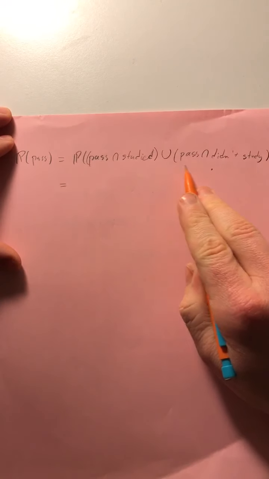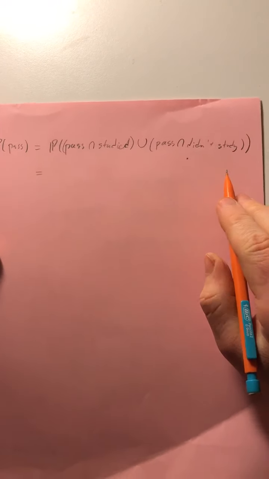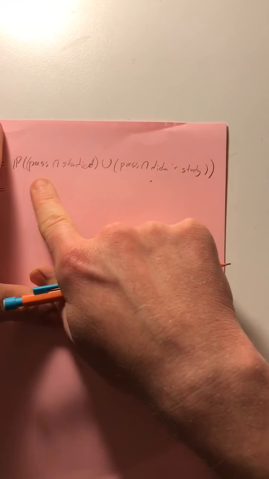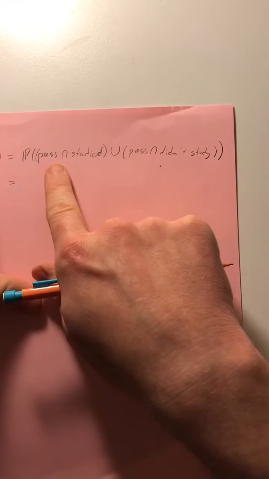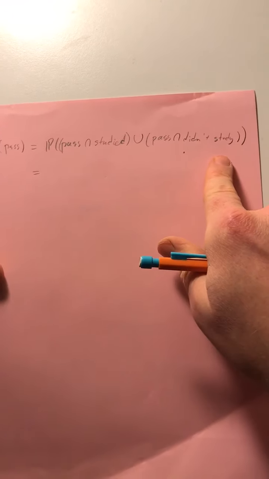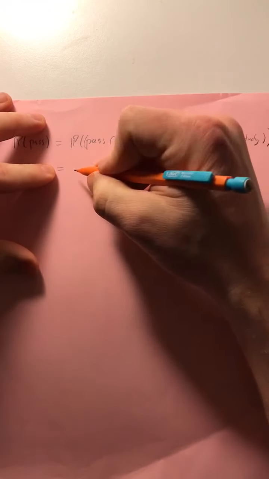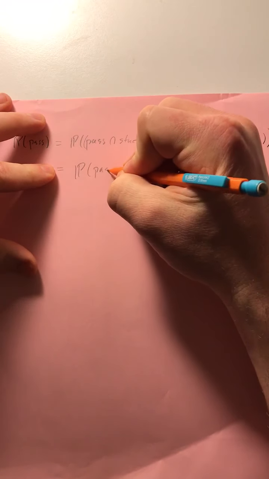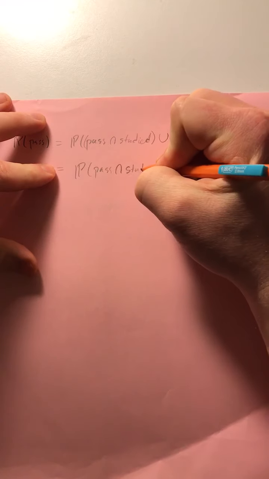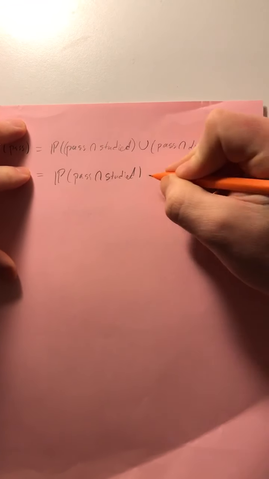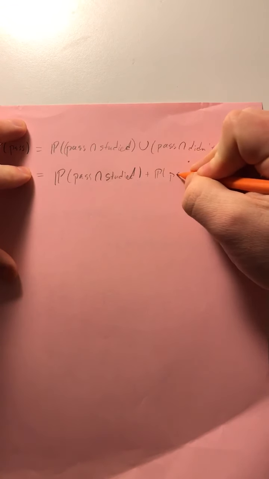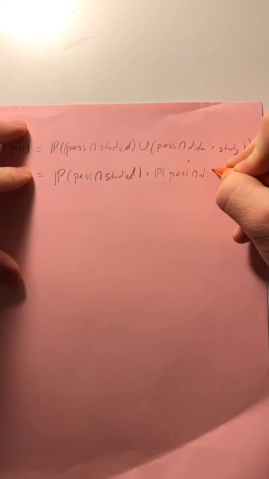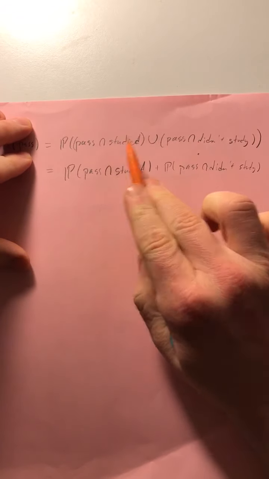Passed and studied is disjoint from passed and didn't study. It's not possible for me to be in both events, since it's not possible for me to have studied and not studied. So because of the probability of disjoint events, this is the probability of passed and studied plus the probability of passed and didn't study, just because I'm unioning two disjoint events.